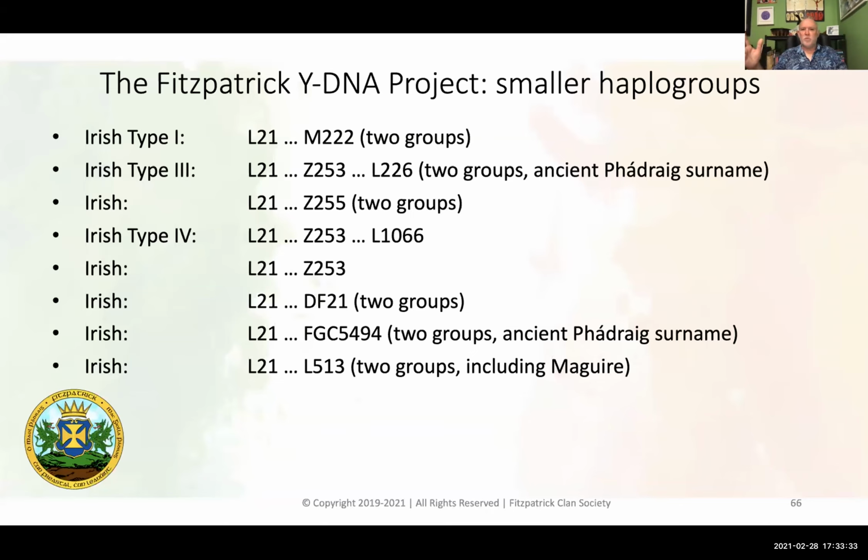And I won't go through them all, but you'll see that the majority are L21. But we have quite a few Z253 groups. We have this group here, which is Matthew's group, which also has an ancient Fitzpatrick surname. We have some really interesting groups. We have an L513 group that are really strongly related to Clan Maguire.